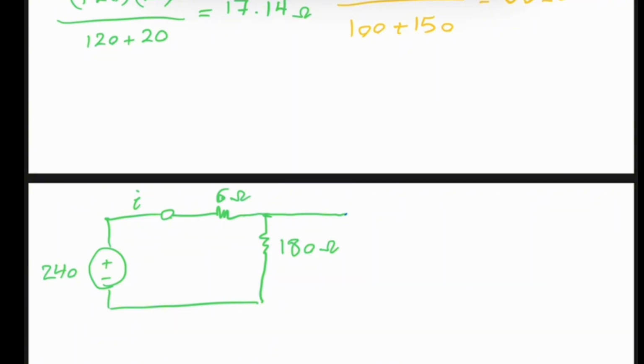This is connected to the two resistors with these values. Now it is very simple to follow.